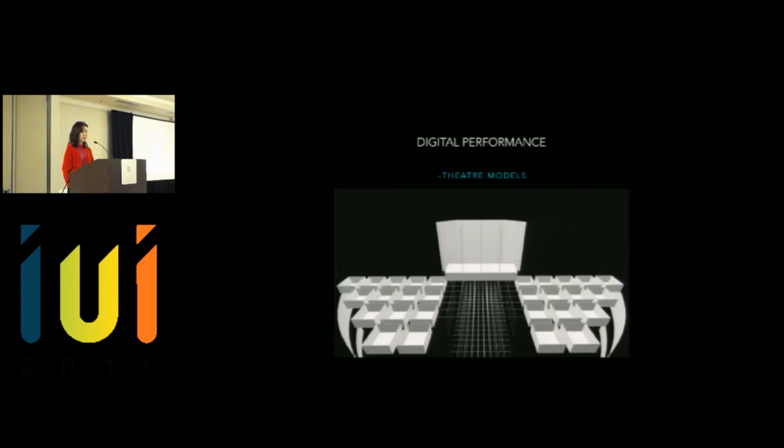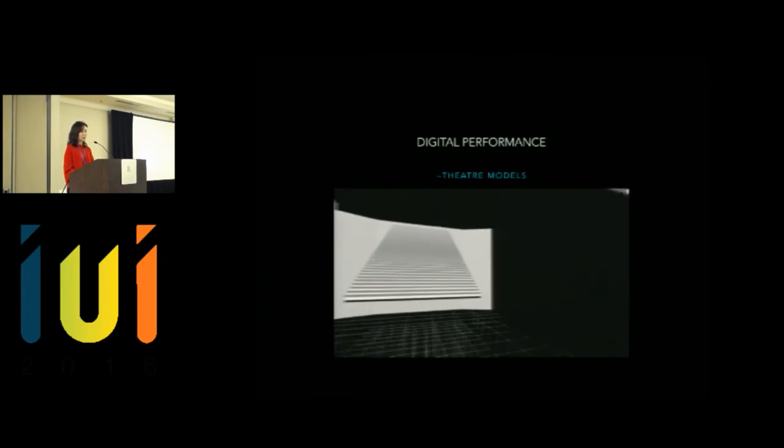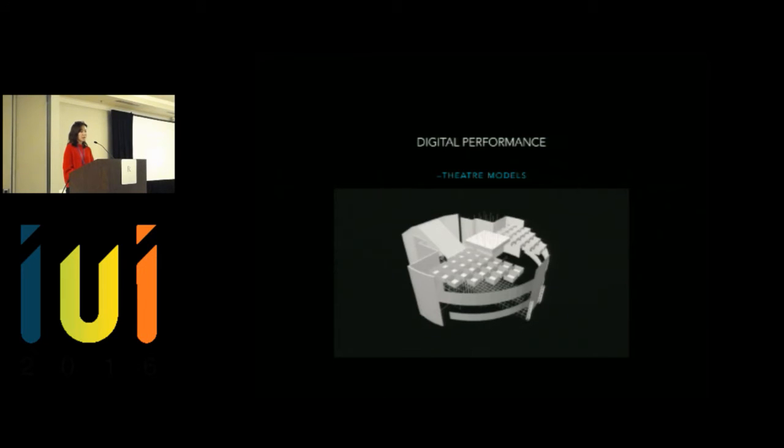And let me talk about the digital performance. The digital performance implies digital technology to reconstruct and to achieve the performing arts events, including 3D modeling of the theater structures and animated sceneries. And this is one of the virtual theaters that we designed in the experiment study.